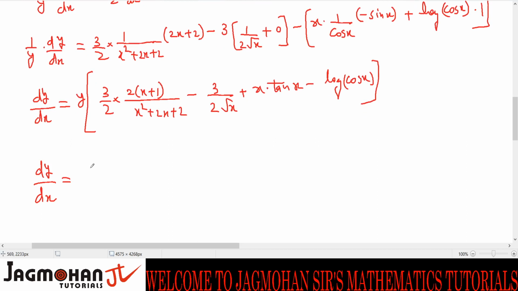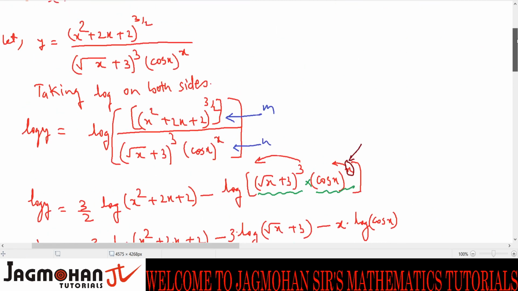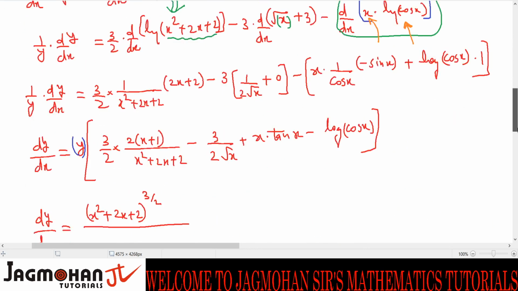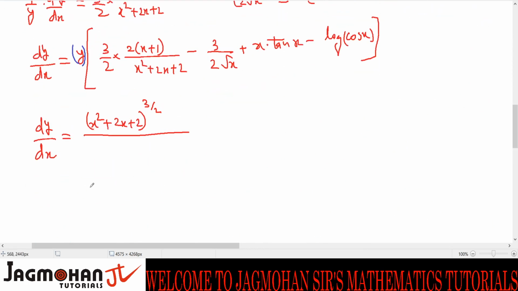Y was x square plus 2x plus 2 raised to 3 by 2, divided by, the denominator we had root x plus 3 whole cube into cos x raised to x.